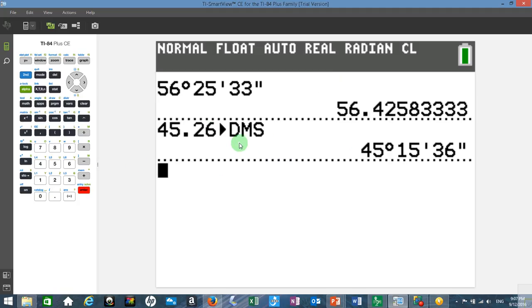Pretty simple. Now, what if you want to subtract 45 degrees, 15 minutes, and 36 seconds away from 90 degrees?